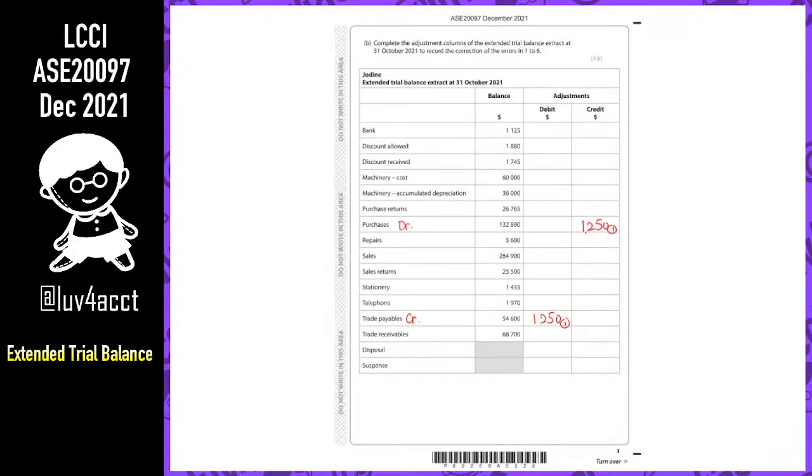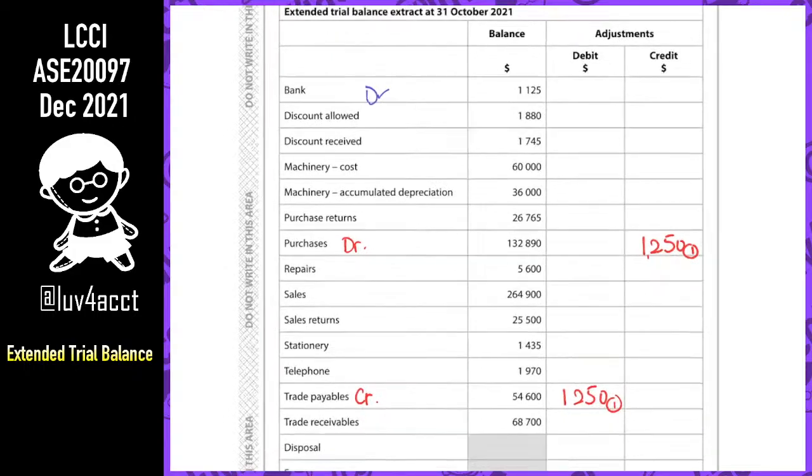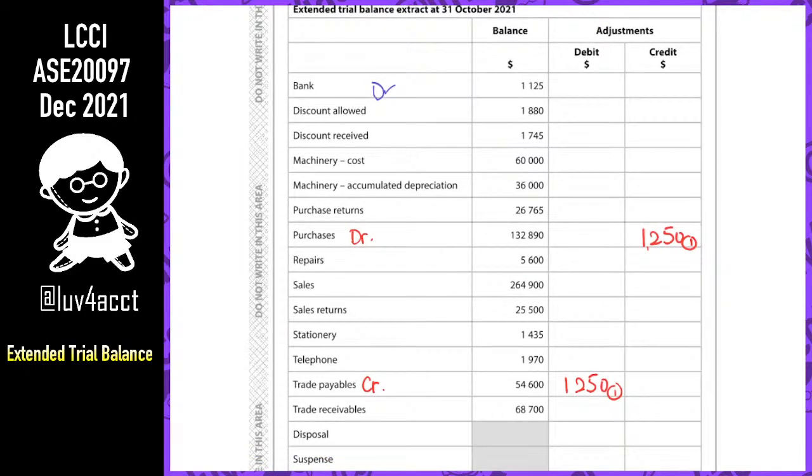So how to change it? Let us find bank first. Bank is in the debit side. Stationery is in the debit side as well, because one is an asset and the other one is an expense. So when you make payment, you actually credit it. You should credit 85, but instead of crediting, you have put it into the debit side.